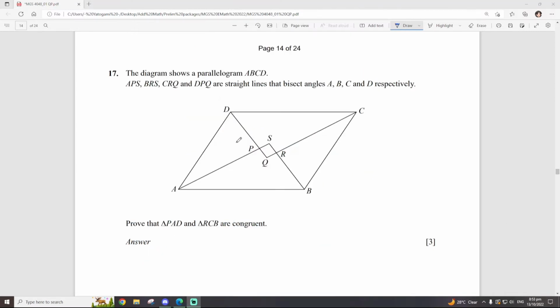Question 17. Diagram shows the parallelogram ABCD. We have all the straight lines and they bisect angles. Prove that these two triangles are congruent, PAD and RCB. Okay. Well, I know that AD and CB are equal because they are opposite sides of a parallelogram.